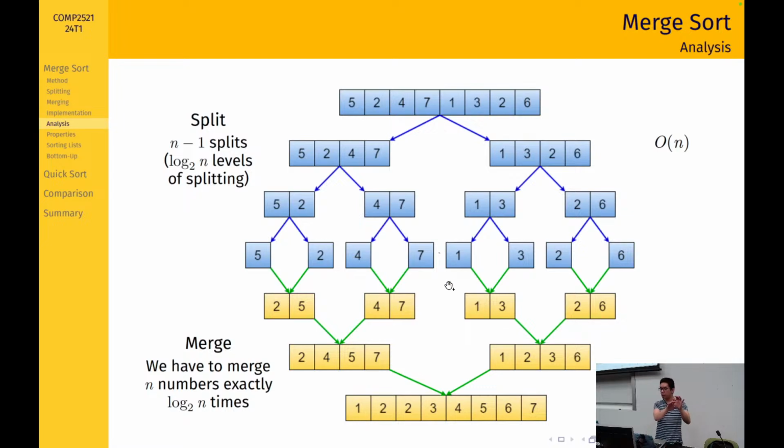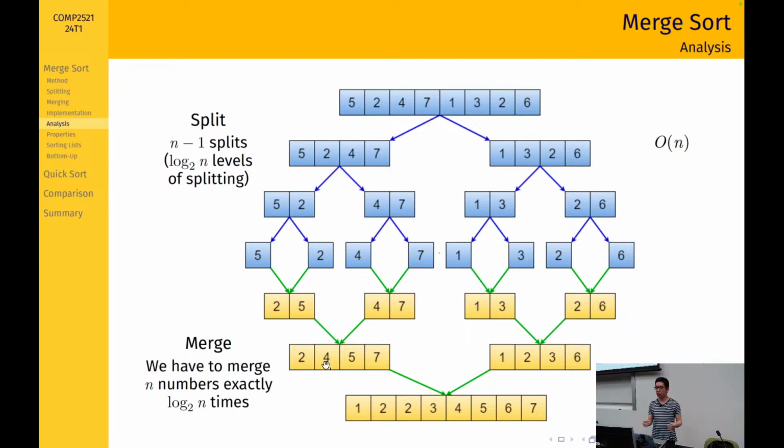If we add all of the comparisons up across the entire level, that's going to be n. The same kind of analysis applies to the remaining levels. To merge these two subarrays into a subarray of size 4, that takes about 4 comparisons, and same for these two. So across this entire level, the merging takes about O(n) time again.